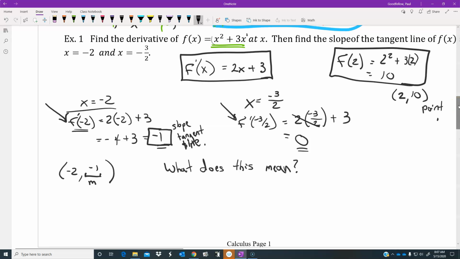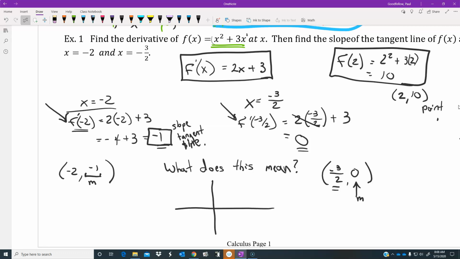So if I was going over here to say this particular point, which is -3/2, comma 0, I'd basically be saying that at the domain of -3/2, the slope is 0. And if I was thinking about that on the original graph, let's say the original graph is a parabola.